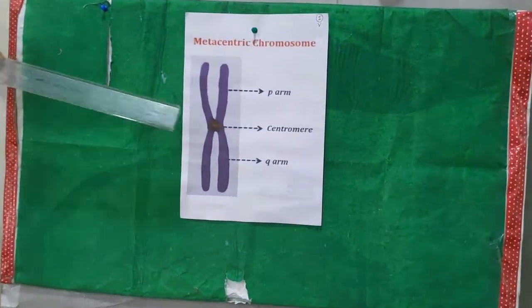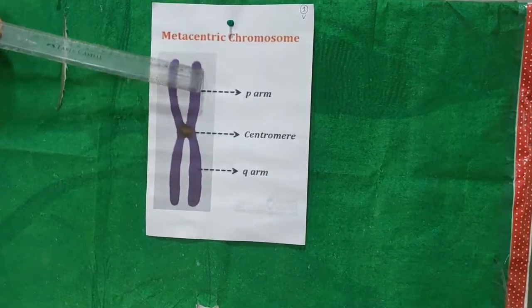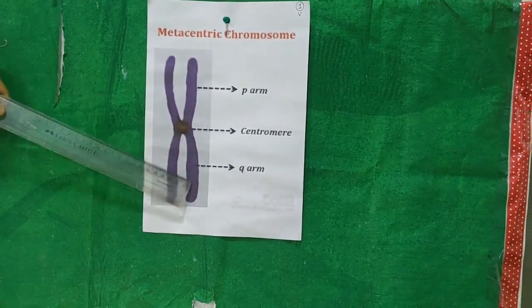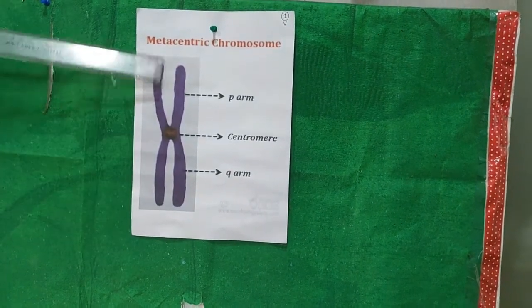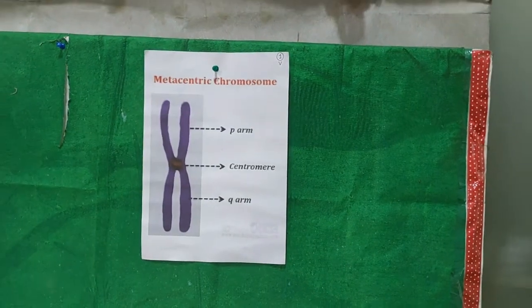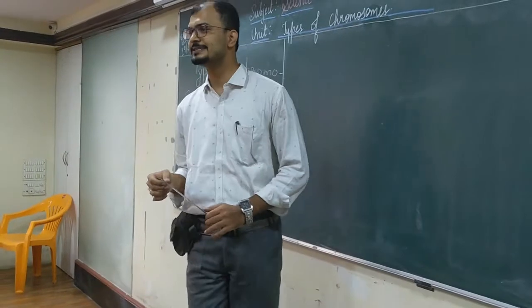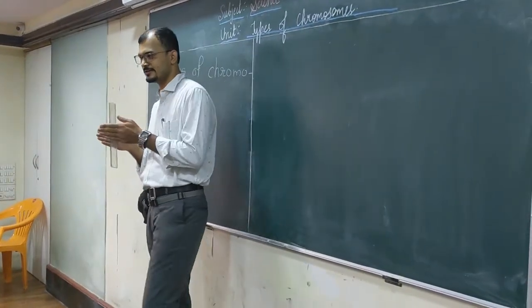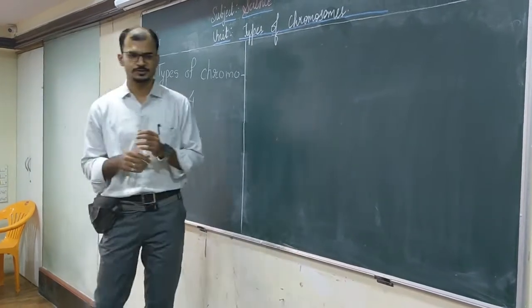If you observe closely, you will find the shape of the chromosome on one half or the other half is like a V shape. So this is the metacentric chromosome, defined as a chromosome whose centromere is exactly at the center of the chromosome. Understood?